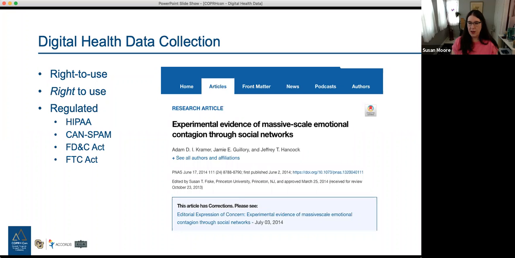The Federal Food, Drug, and Cosmetic Act regulates safety and effectiveness of medical devices that may be in play with a digital health solution. And the Federal Trade Commission Act regulates false or misleading claims and prohibits deceptive practices, including those relating to data security or what you say your solution can do. So you need to think about all of these things in play when you're designing your solution.